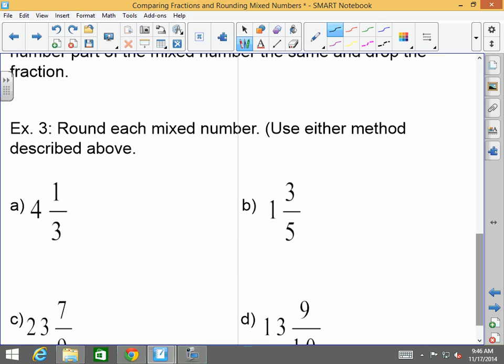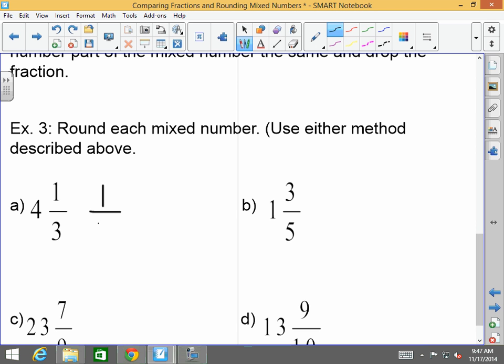So let's go over this. 4 1/3. I personally like just comparing it to 1/2 until you really understand how to tell if the fraction is less than 1/2. Because here, 1/3, that's 1 out of 3 pieces. Sometimes people can't visualize that that is less than 1/2. So all you got to do is the following.